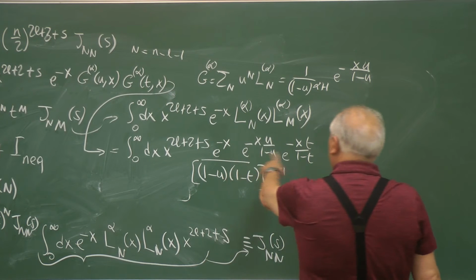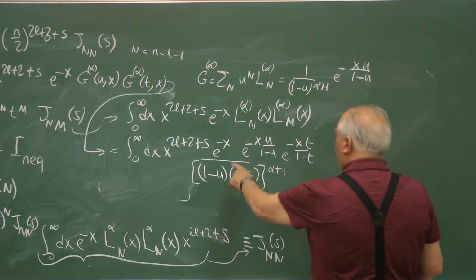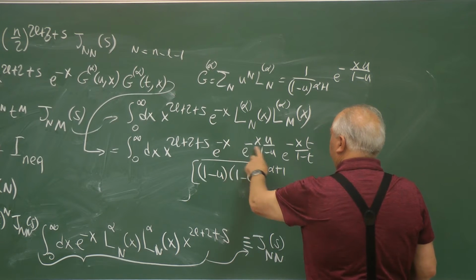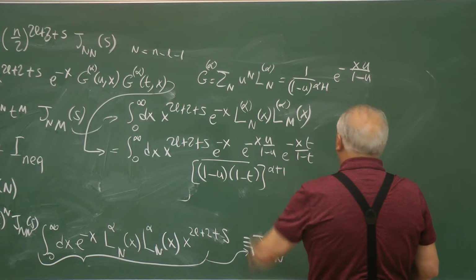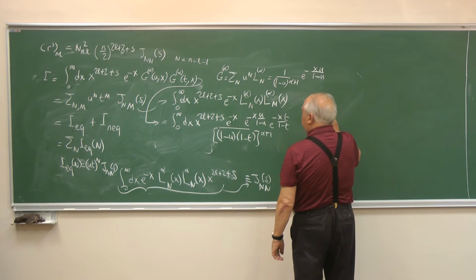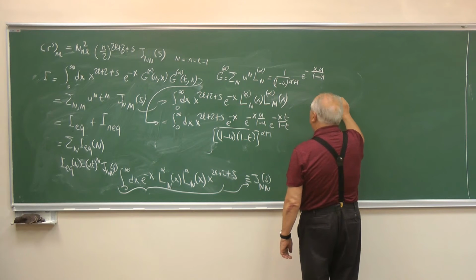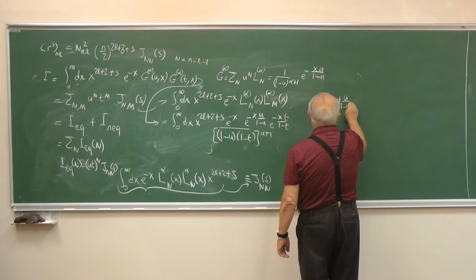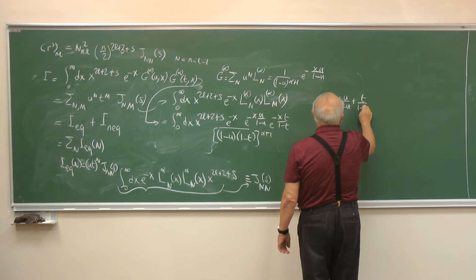So let us collect the coefficients of x in e to the minus x. So it is e to the minus x times the bracket: 1 plus u over 1 minus u plus t over 1 minus t.